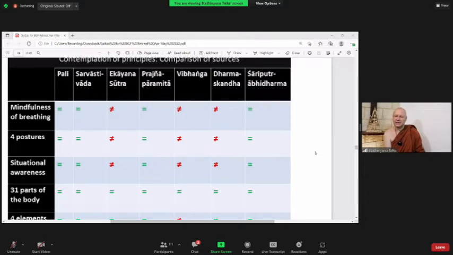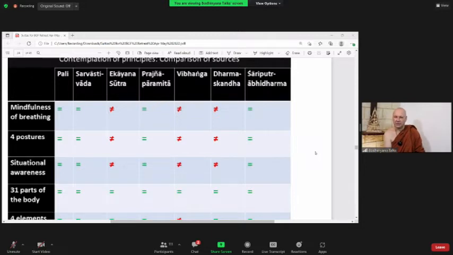It is found in the Sarvastivada, which is the Madhyama Agama in Chinese translation. It is found in the Prajna Paramita, which is a little bit of a side issue, but anyway. And it's also found in the Sariputra Abhidharma, which is the Abhidhamma of the Dharmaguptaka school. So if we take out the Prajna Paramita, which is a Mahayana text, you can see it is only found in half of the sources we have.